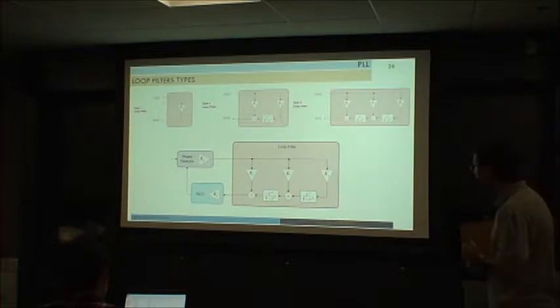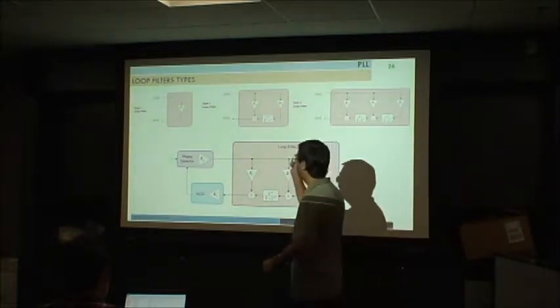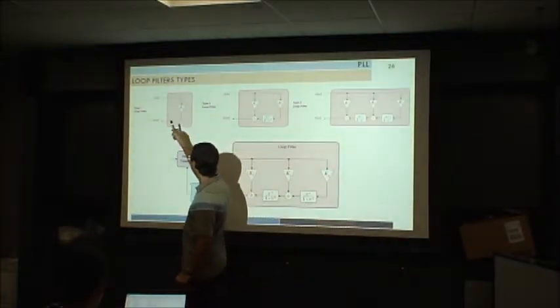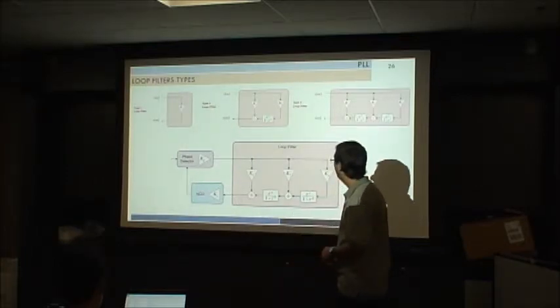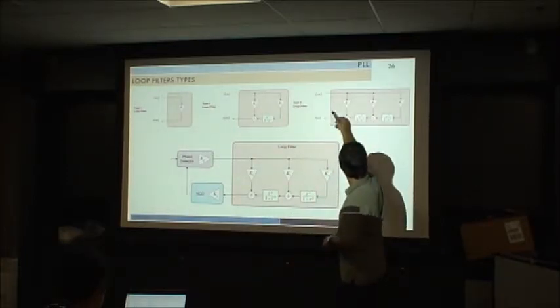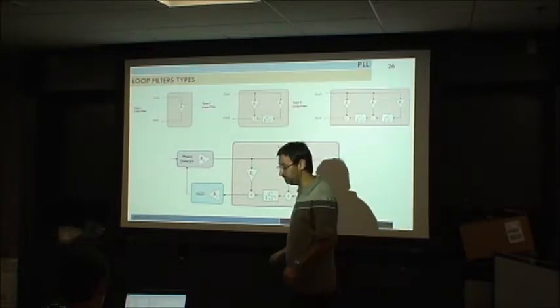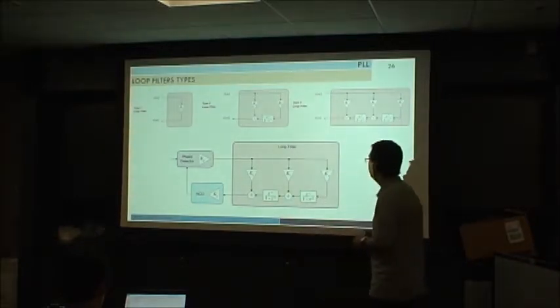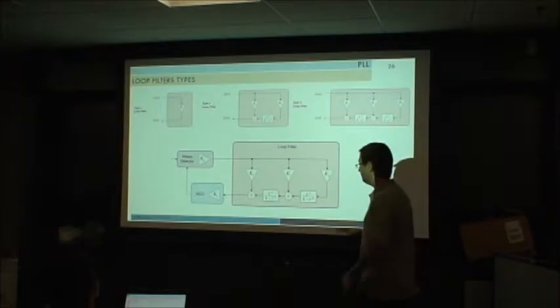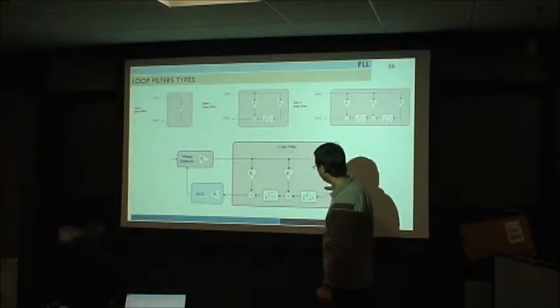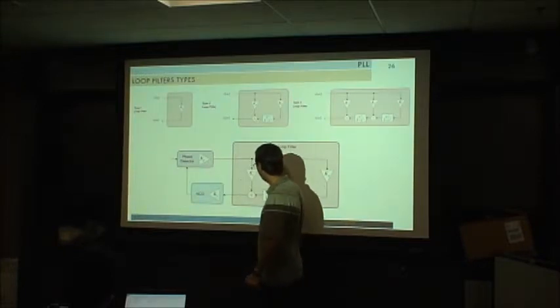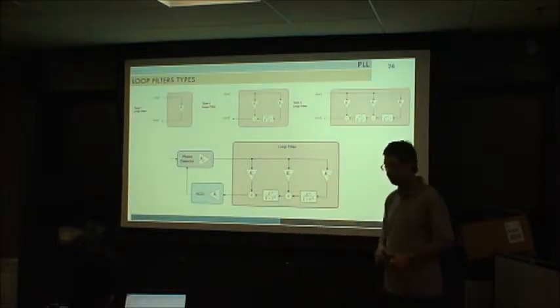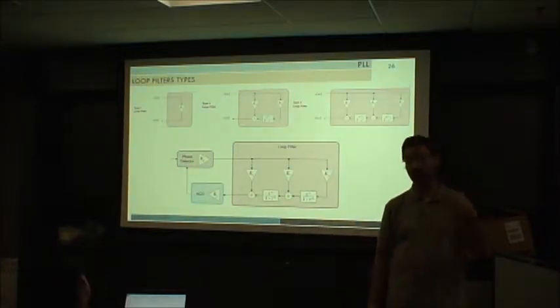Well, these are the 3 types of loop filters: no integrator, 1 integrator, 2 integrators. I am not talking about how to design them. There is a theory behind that, a couple of pages in the book. Basically, we have to take a look at all these constants, because those constants will say how the PLL will work.